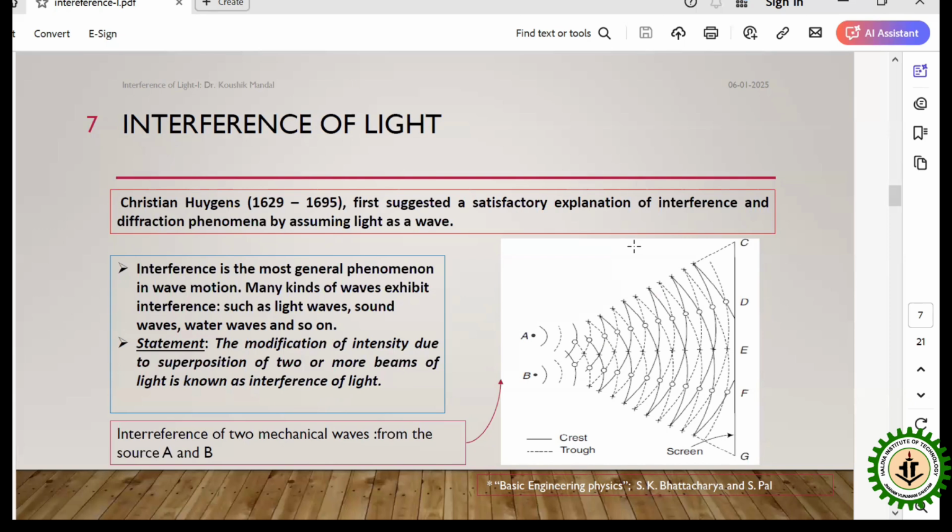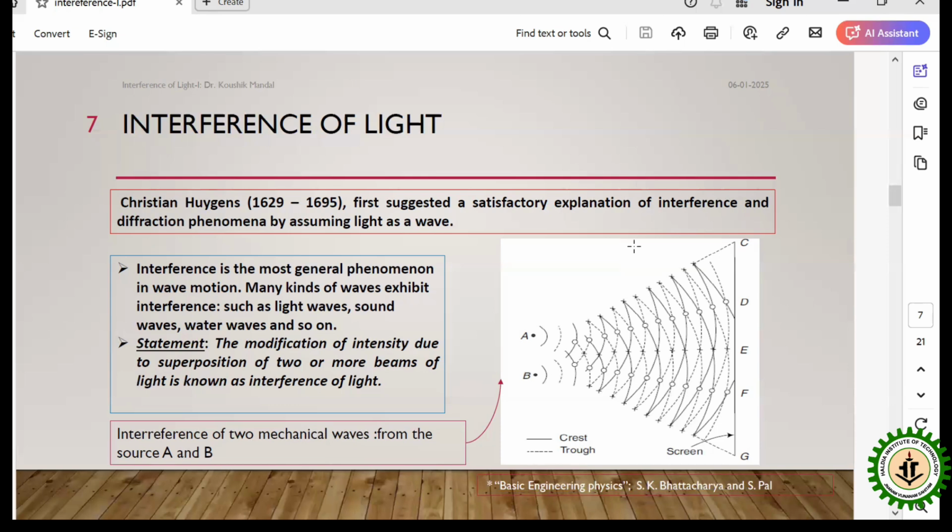So, what is interference? Interference is a very general phenomenon. You can see interference in light waves, sound waves, even in water waves. The modification of the intensity due to the superposition of two or more light beams is known as the interference of light.